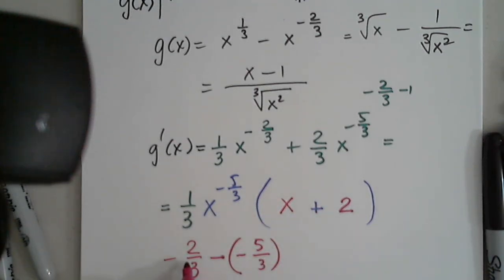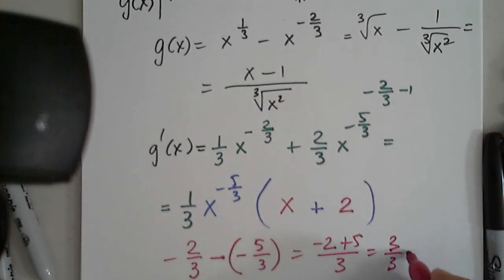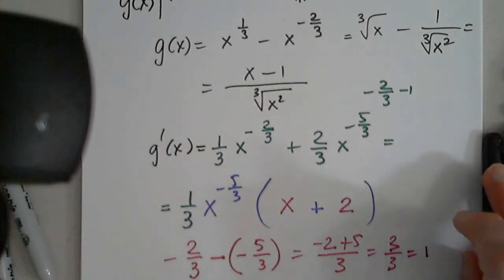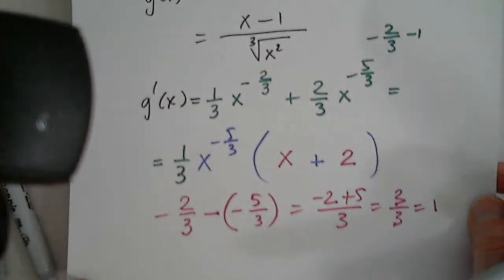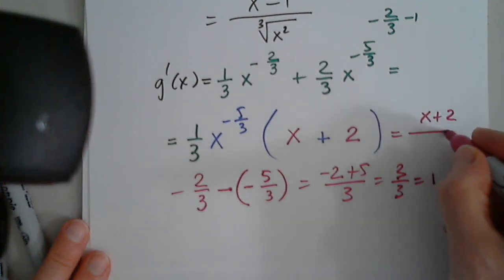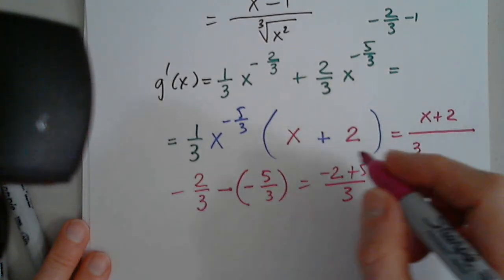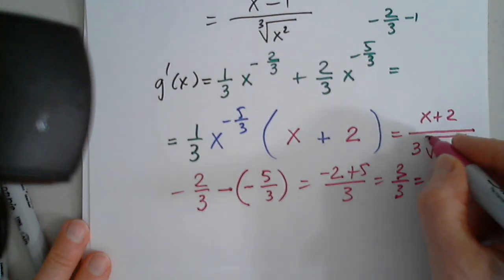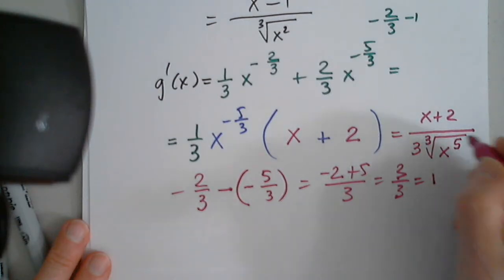So we have negative 2, but plus 5, which is 3, over 3, which is 1. Everyone in agreement? Yes. Perfect. So then this becomes basically x plus 2 over 3 and the cube root of x to the 5th power.